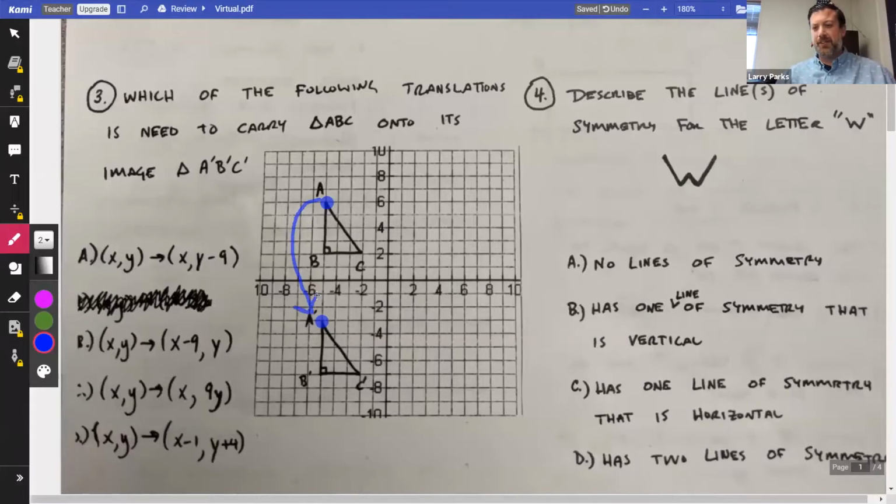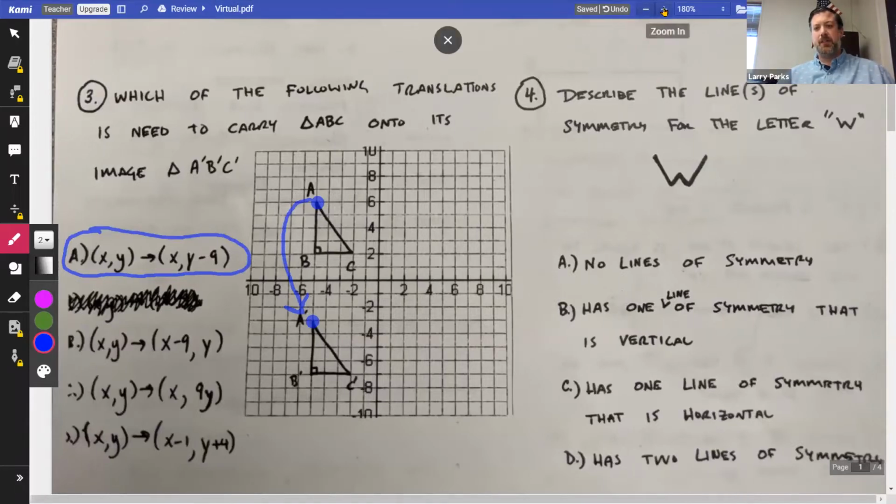Well, you're not going left or right at all. So that's why it's going to be an X, but you are dropping it 1, 2, 3, 4, 5, 6, 7, 8, 9. So it looks like the answer is going to be A. Because what this means is don't go left or right, just go down 9. And that's exactly what I did.